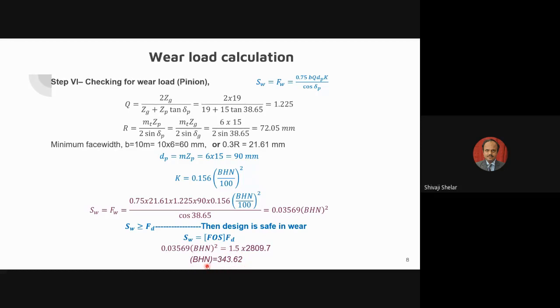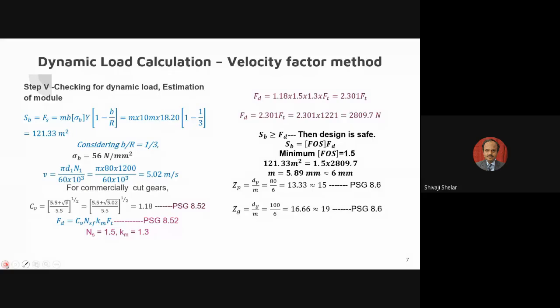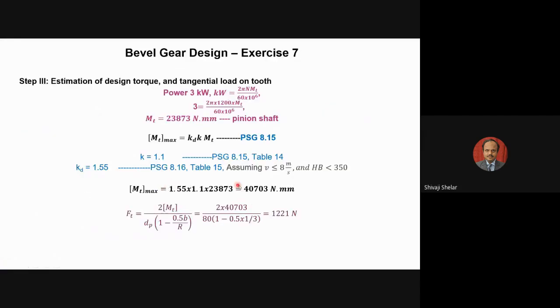Since all the design calculations we have done, if you see any slide here, I am showing one calculation selected there. Yeah, here. We have assumed velocity is less than 8 meters per second and surface hardness less than 350, and based on that we are taking the dynamic load factor 1.6. Now if we take this value greater than 350, then this KD value is going to change.